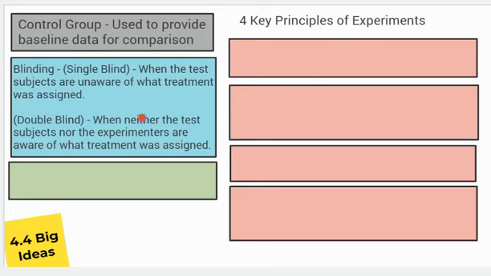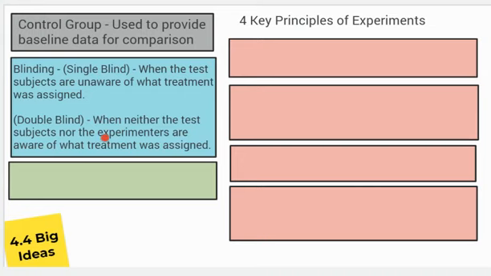A common example of double blinding would be if a new experimental drug is being tested and they involve doctors in the experiment. Well, doctors usually will get paid more or be compensated more if the drug actually works. So if the doctor knows that patient A received a placebo and patient B received the real drug, they may treat patient A who got the placebo differently than patient B who received the real drug.